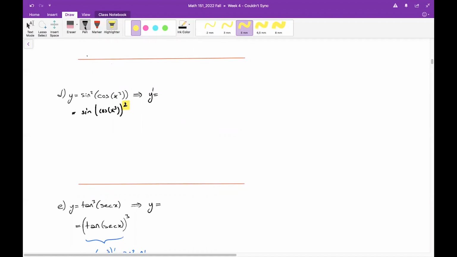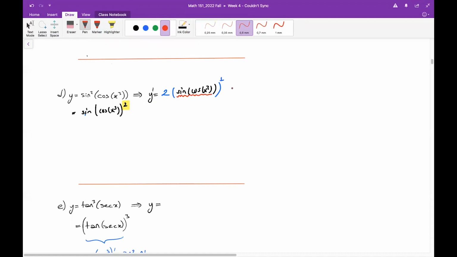That's why I will start taking the derivative by writing 2 downstairs like that, and then I never touch the insider part, cosine x cubed. So 2 goes down as the power, and then I subtract 1 from the power. Now the power is 1. Now I need to multiply with the derivative of this whole thing.